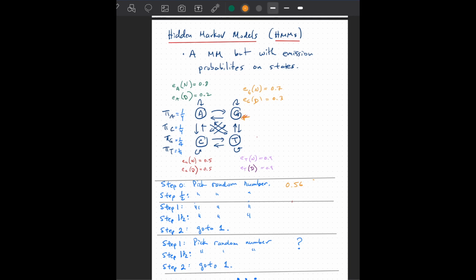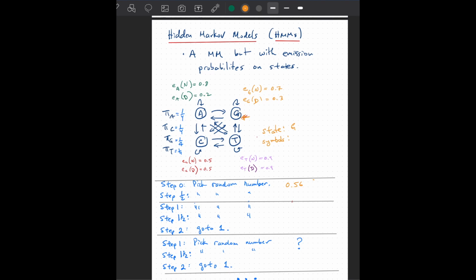So we can keep track of this now as follows. We have two things. We have the state that we visit, and we have the symbols that are emitted. So my initial state is G, okay?